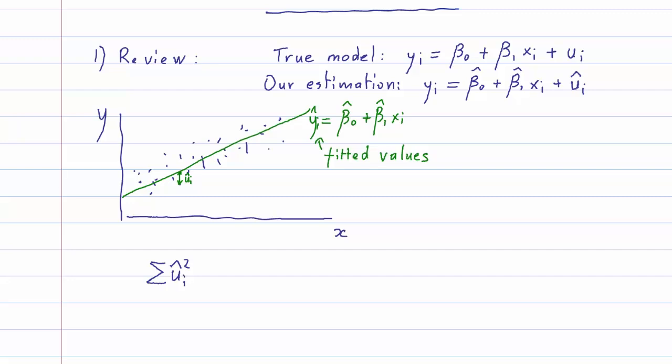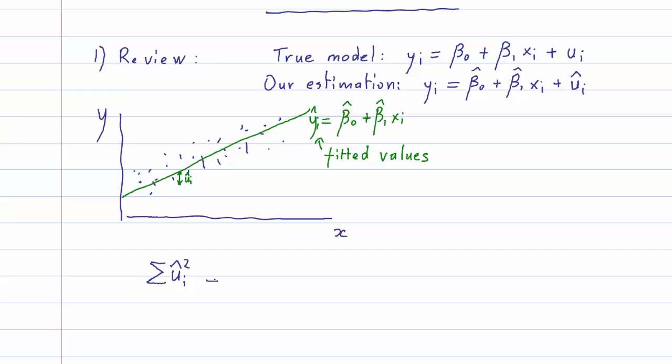And this is where the name of the method comes from, Ordinary Least Square, because we want to minimize these squares. There are other methods where we will minimize the absolute value of the sum of the ui, or the sum of the absolute values, or you could take the power of 4, but the most commonly used method is with a square.